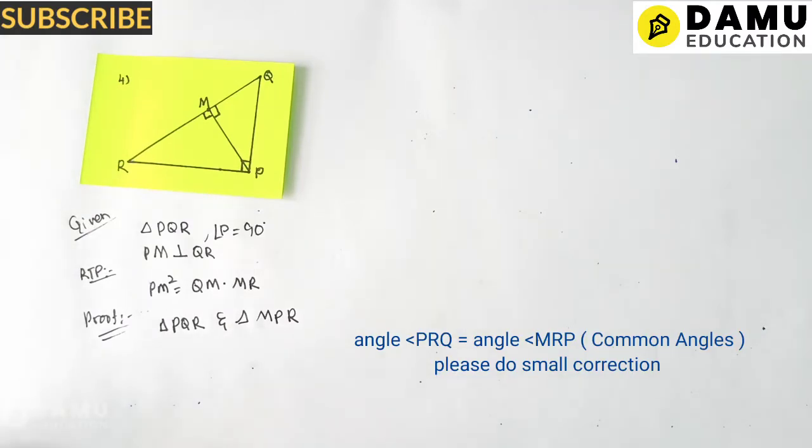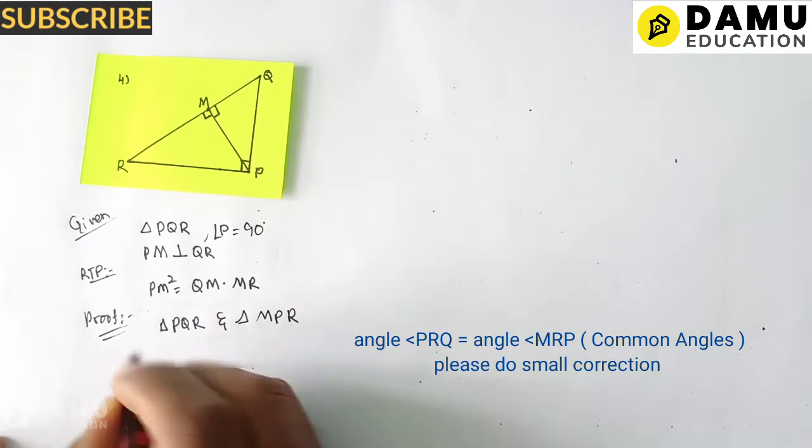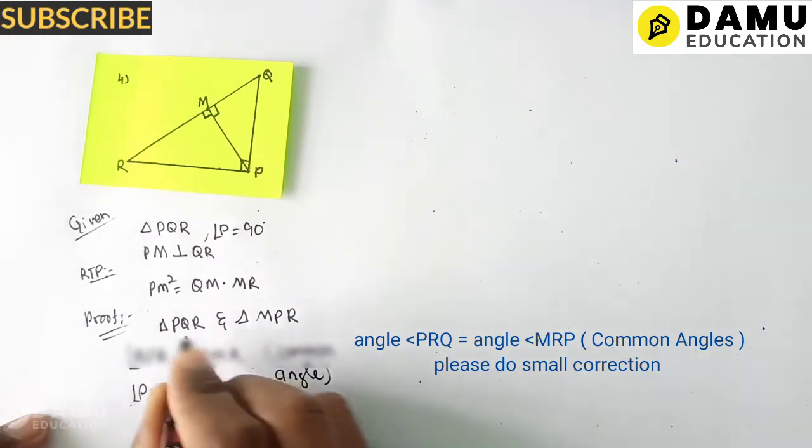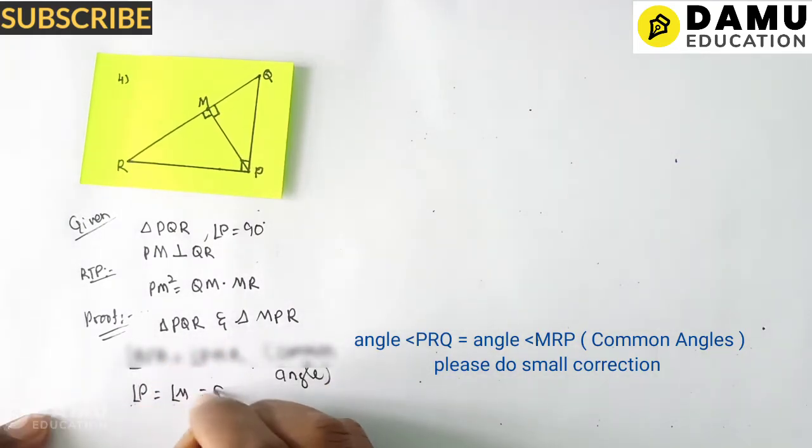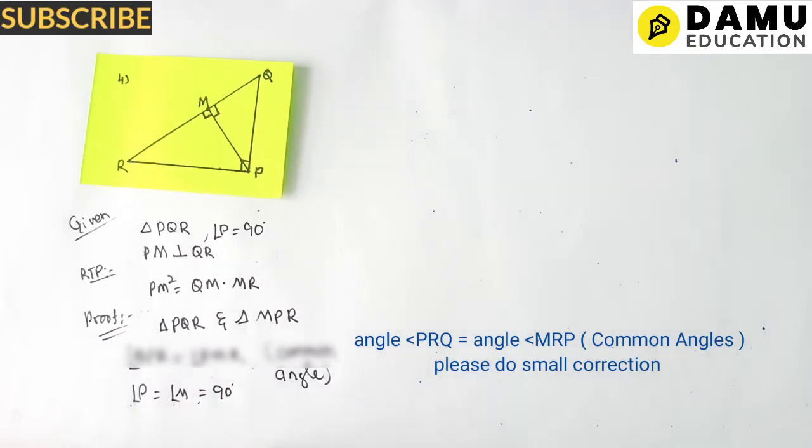So first of all, angle P will be equal to angle M, that will be equal to 90 degrees. Here it is making 90 degrees, a right angle in both.